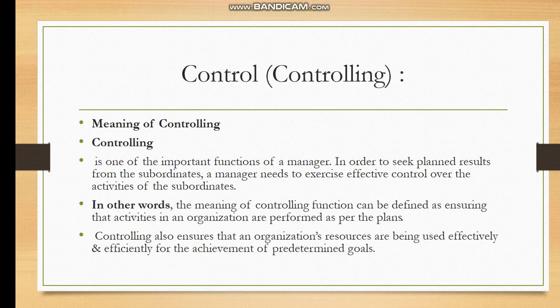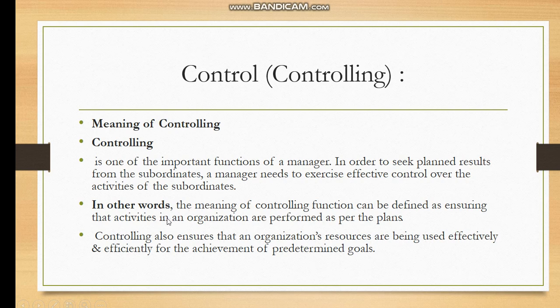Another point is control. As you know, control or controlling is one of the most important functions of a manager in order to seek planned results from the subordinates. So a manager needs to exercise effective control over the activities of subordinates.